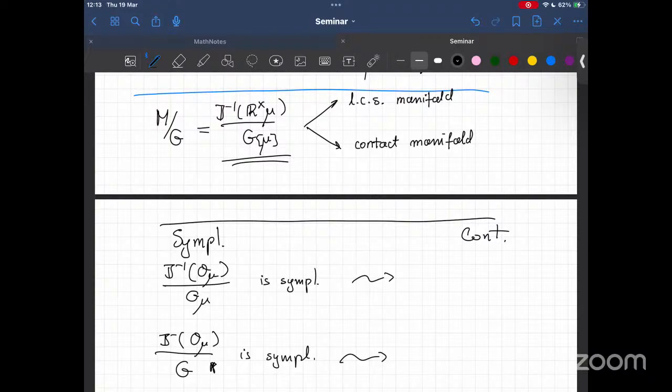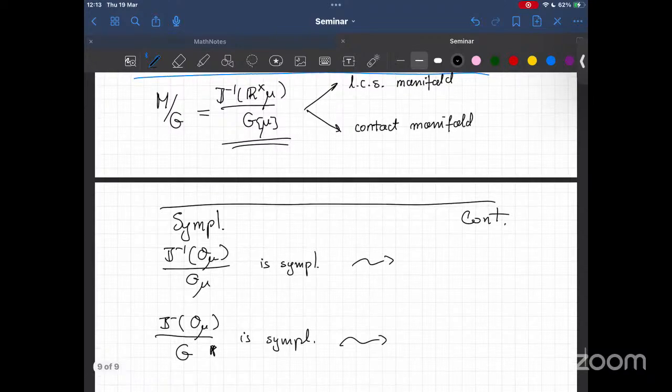The idea is that when you have the coadjoint action in general, you can produce a quotient coadjoint action of the Lie group on the sphere in the dual of the Lie algebra, or if you want, in the projective space. And the idea is that the orbits of this action are contact or locally conformal symplectic manifolds.